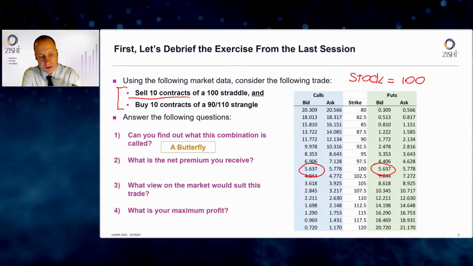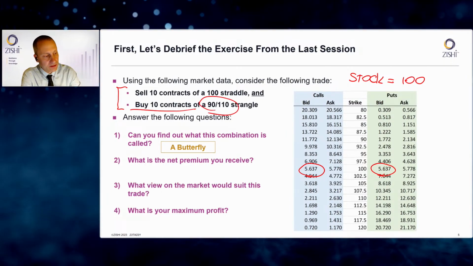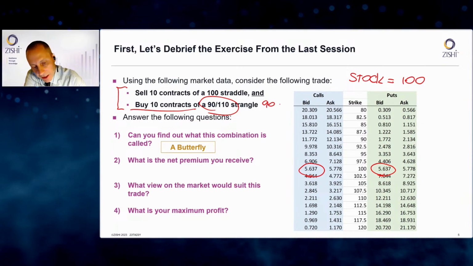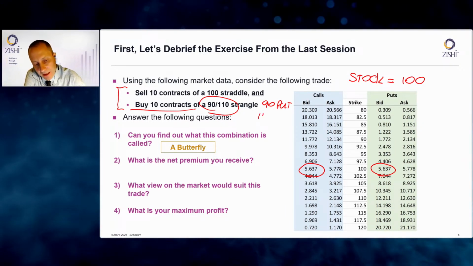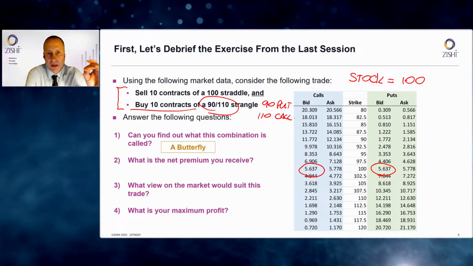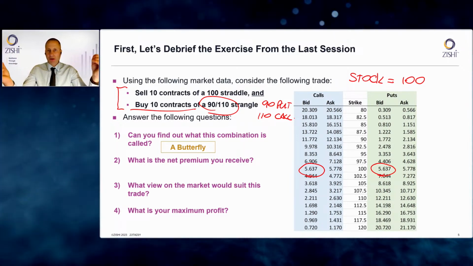Simultaneously, I'm going to buy 10 contracts of this strangle, the 90-110 strangle, which means that I'm going to be trading a 90 put, so a put with a strike of 90, and a 110 call, so a call option with a strike of 110. And the way that we trade strangles in the market is we do set both strikes out of the money.